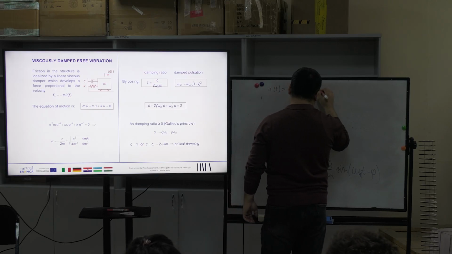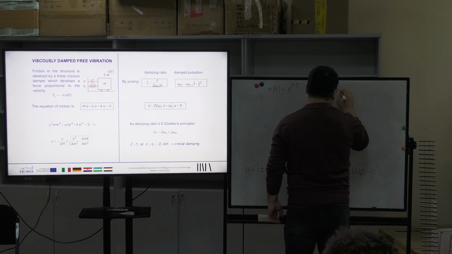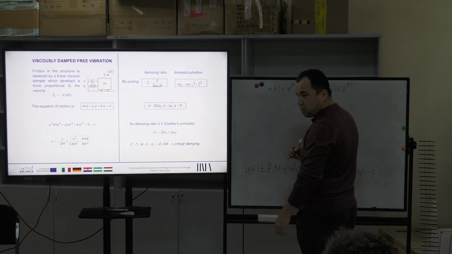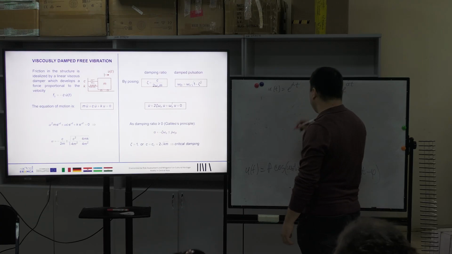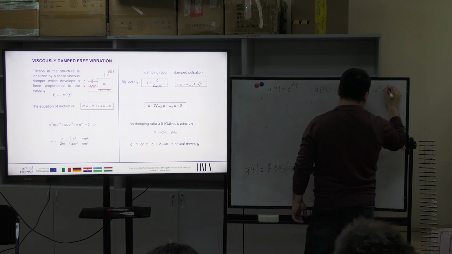Yes? u dot of t will be equal to alpha e to the alpha t. This is the derivative of u, and the derivative of u dot is u dot dot, equal to alpha square e to the alpha t.